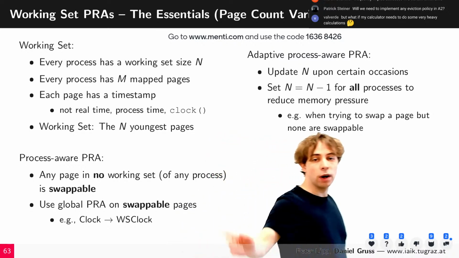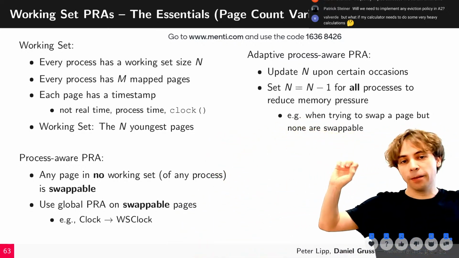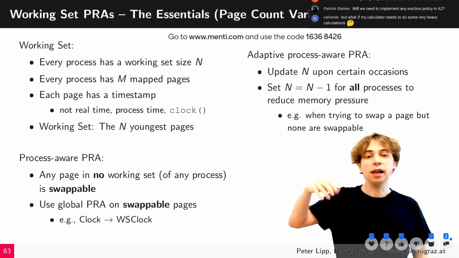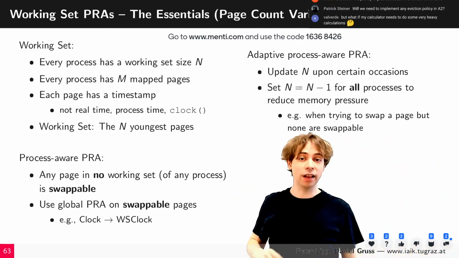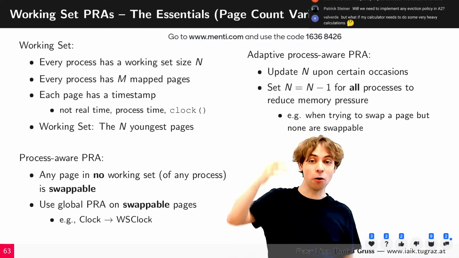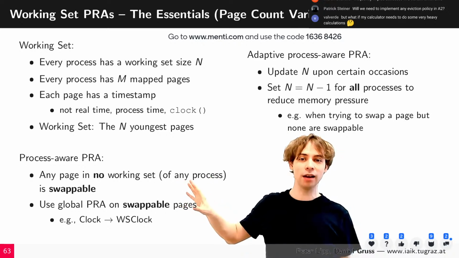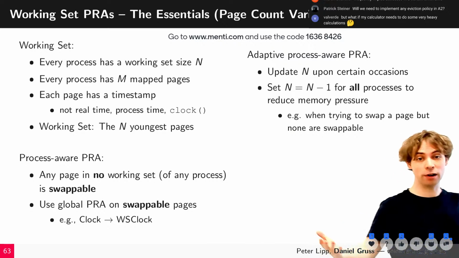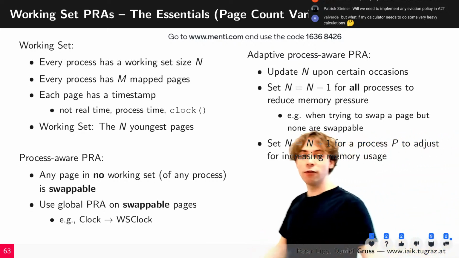For instance, when trying to swap a page, but there is no page swappable, that would be a very clear indication that you have memory pressure and you need to free something. If there are no swappable pages because they are all in the working set of some process, then n has grown too large globally. Then we decrease it for all processes.